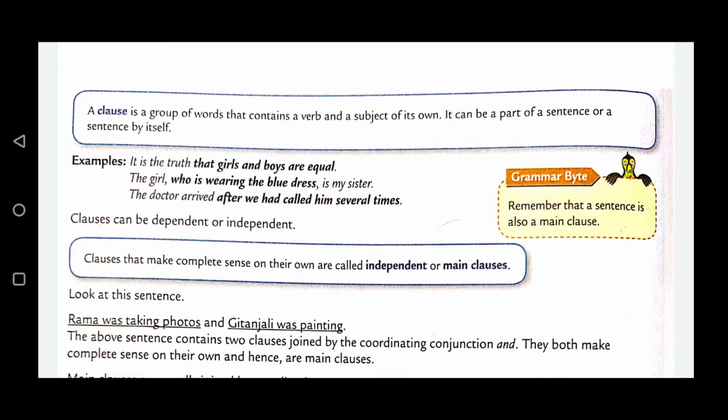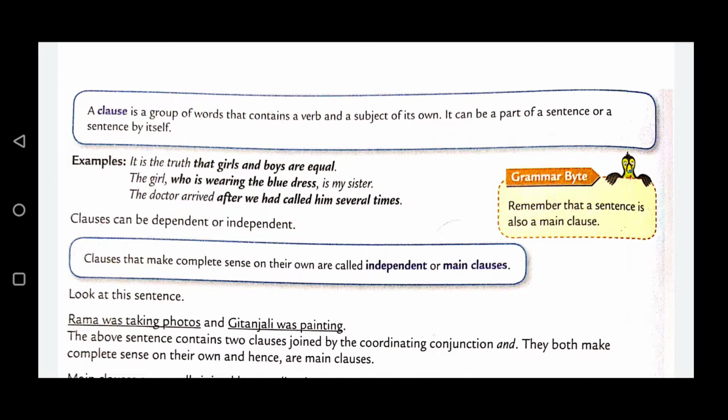The doctor arrived when? It answers: after we had called him several times. So this second part depends on the first part for its complete sense. Therefore, these clauses are dependent clauses, or you can call them subordinate clauses.